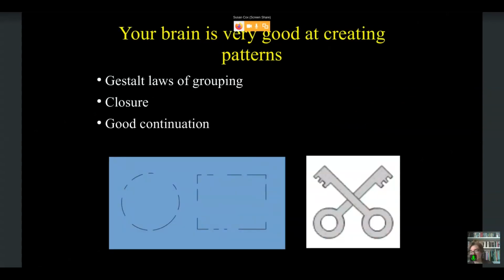The final thing that I think we should think of before we move on is something worth always thinking about when you have an image, which is that your brain is very good at creating patterns. It will try and close structures which are not continuous.